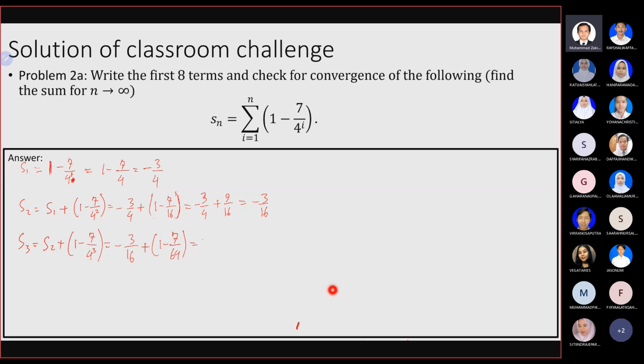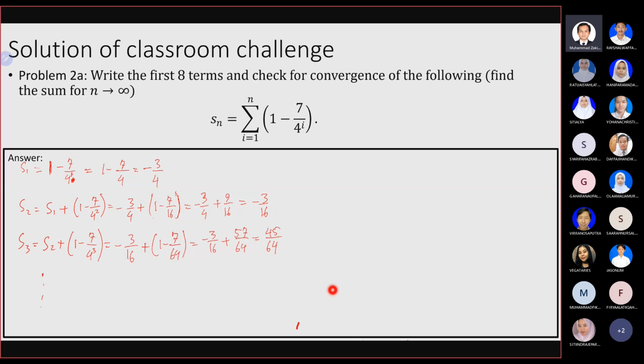So this is equal to minus 3 over 16 plus 64 minus 7 is 57 over 64. 57 over 64. So we multiplied by 4. So 45 over 64.